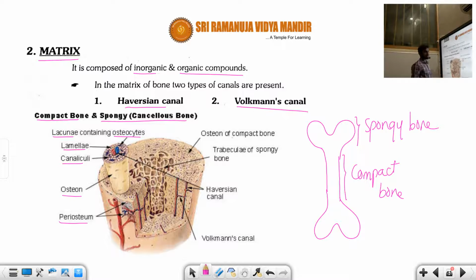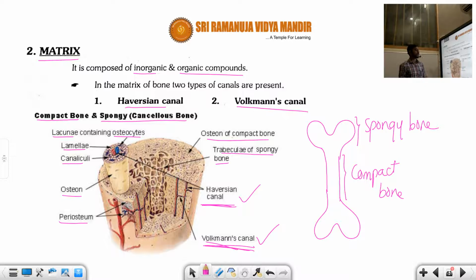I will explain all those things: the osteon of the compact bone, trabecula of the spongy bone, Haversian canal, Volkmann canal. The important things are these two only. First of all you need to understand these two; the remaining things I will explain later, because we are talking about the matrix. The matrix of this bone is made up of two parts, right?